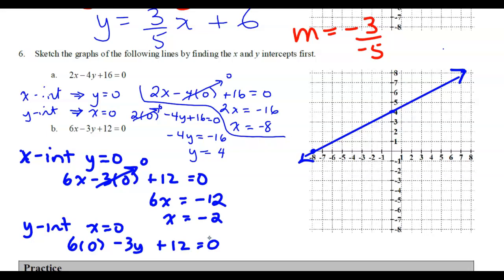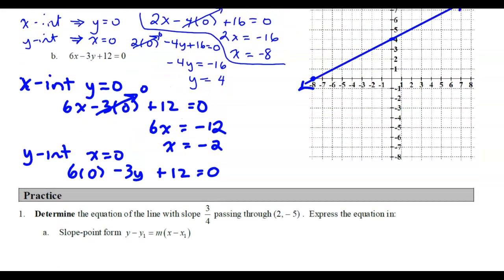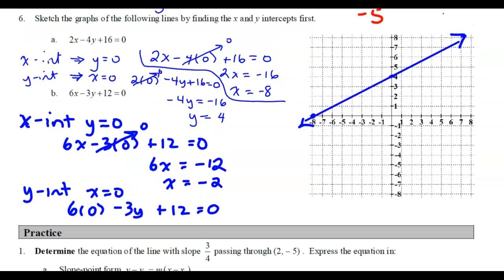A lot of times when you're graphing, you have a choice of what form to put the equation in. So here, that goes to 0. So I have negative 3y equals negative 12. So y equals positive 4.